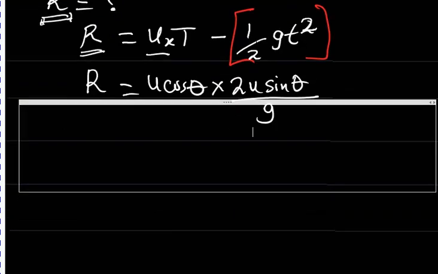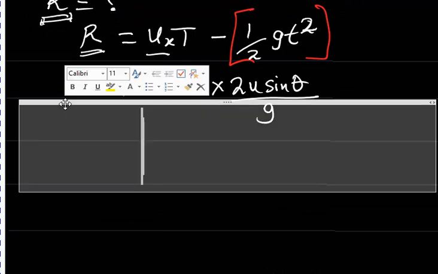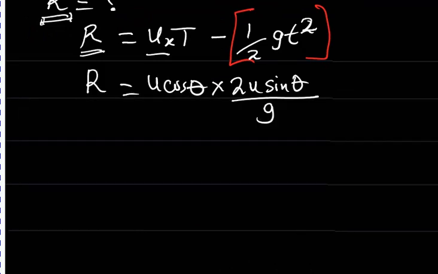Of course, if you have done advanced trigonometry, you should be familiar with this trigonometric identity: 2 sine theta cos theta is always sine 2 theta. u times u is u square.